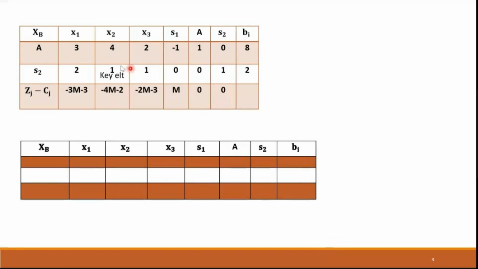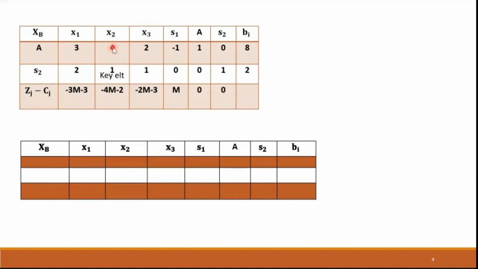So now key element is already equal to 1. Make the other elements in that particular column equal to 0 using this key element 1. ये 1 यूज करके हमको इसको 0 करना है और इसको 0 करना है. तो इसको 0 करने के लिए क्या ट्रांसफॉर्मेशन यूज करेंगे हम लोग, हमें R1 चेंज करना है. तो R1 कब 0 होगा, जब हम इसको 4 से मल्टीप्लाई करेंगे और सब्ट्रैक्ट करेंगे.